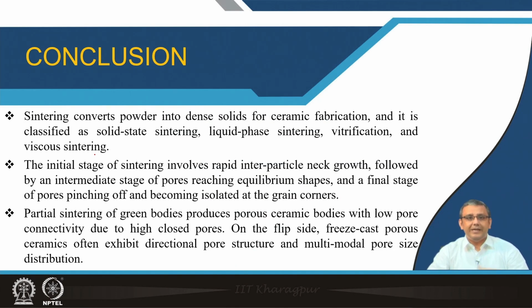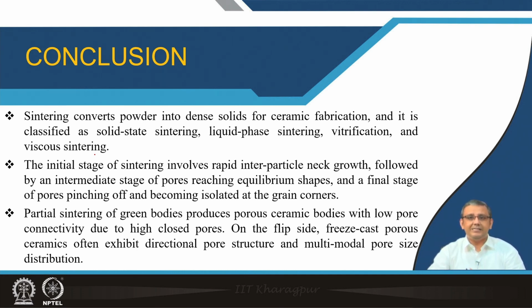To conclude today's lecture, we learned about the basics of the sintering process, how sintering imparts strength to the green body to improve the mechanical properties through bond formation by diffusion. The different sintering processes like solid state sintering, liquid phase sintering, vitrification and viscous sintering were discussed briefly, and also the stages of sintering like the initial stage and intermediate stage, and the mechanisms of neck formation like vitreous flow or lattice diffusion.